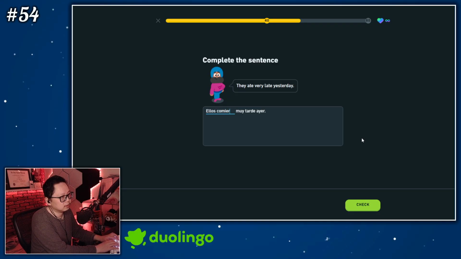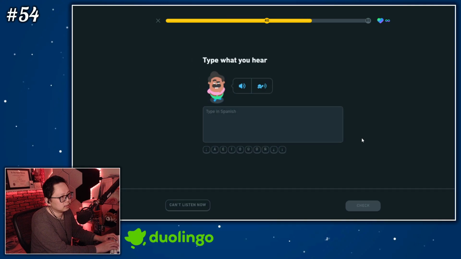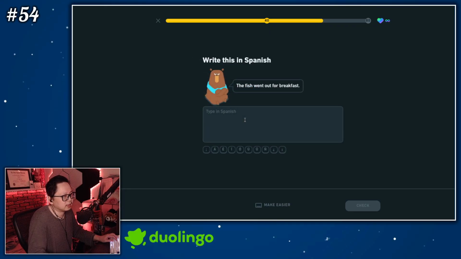Ellos comieron. El perro limpió el piso de la sala. Okay.